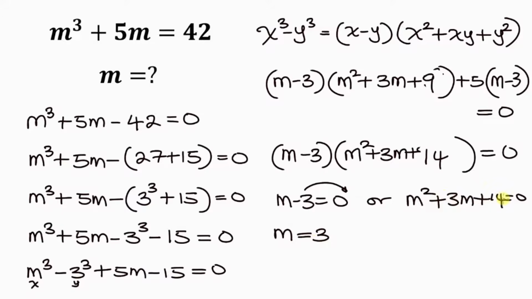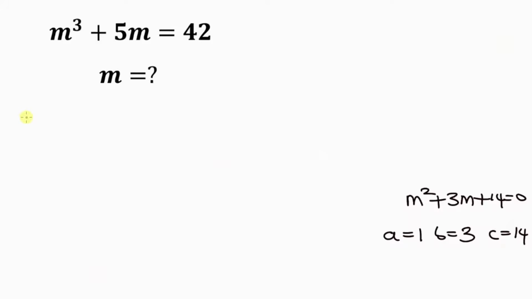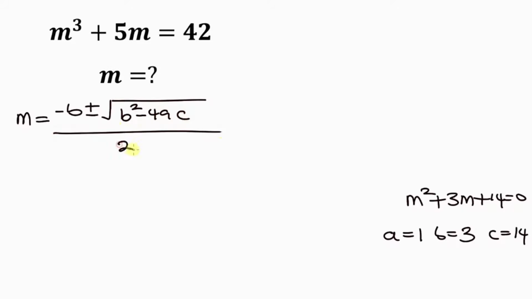For our second case, we have a nice quadratic equation, but we're going to be using the quadratic formula to solve this. Here in our quadratic equation, our a is 1, our b is 3, and then our c is 14. And the quadratic formula we're going to be using will be, we're looking for m. M is equal to negative b plus or minus the square root of b squared minus 4ac all over 2a.